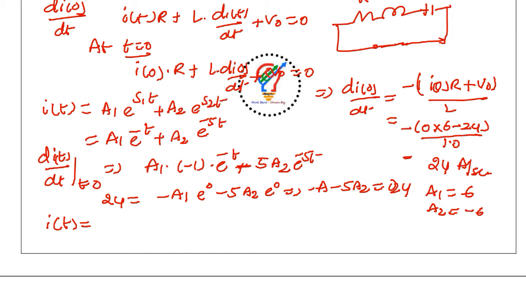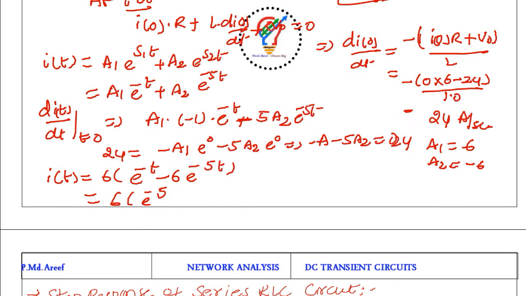We got 6, so we'll make a 6 common. So e power minus t minus 6 e power minus 5t. If you substitute t is equal to 5 seconds means 6 into e power minus 5 minus e power minus 25 amps is the answer here.